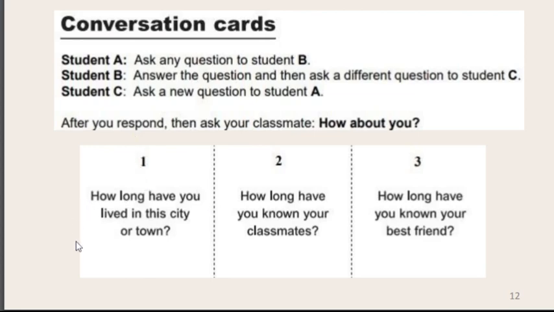The first question asks, how long have you lived in this city or town? Number 2, how long have you known your classmates? Number 3, how long have you known your best friend?